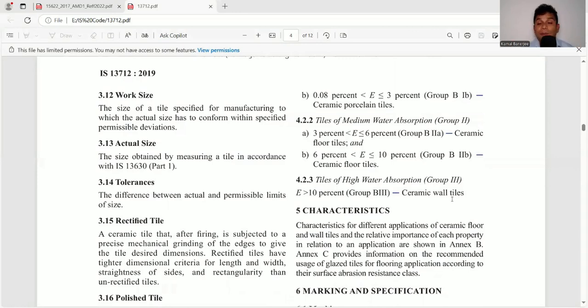So there are 5 categories. Below 0.08, that is fully vitrified. 0.08 to 3, that is porcelain tiles. 3 to 6 is ceramic float tile. 6 to 10 is ceramic float tile, which can vary depending upon the requirement. Above 10 water absorption, that is ceramic wall tiles. Today's topic is about the vitrified tile.